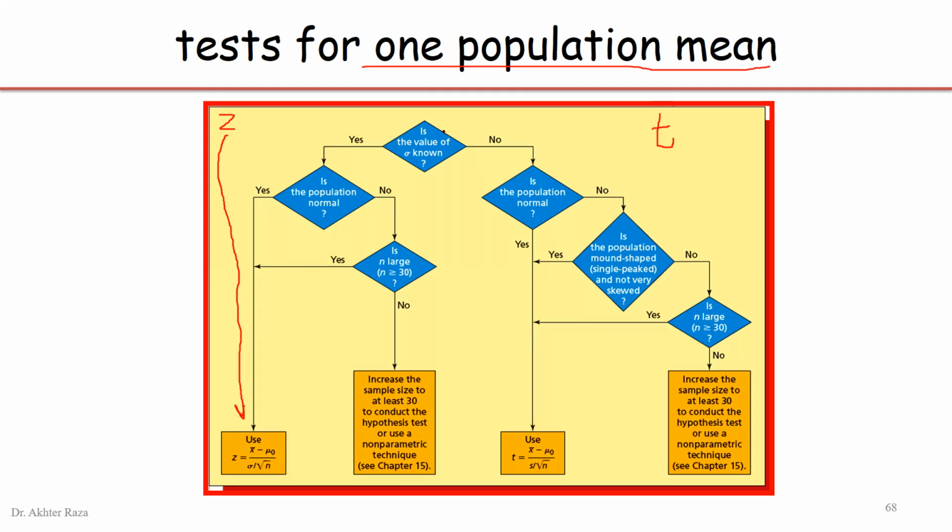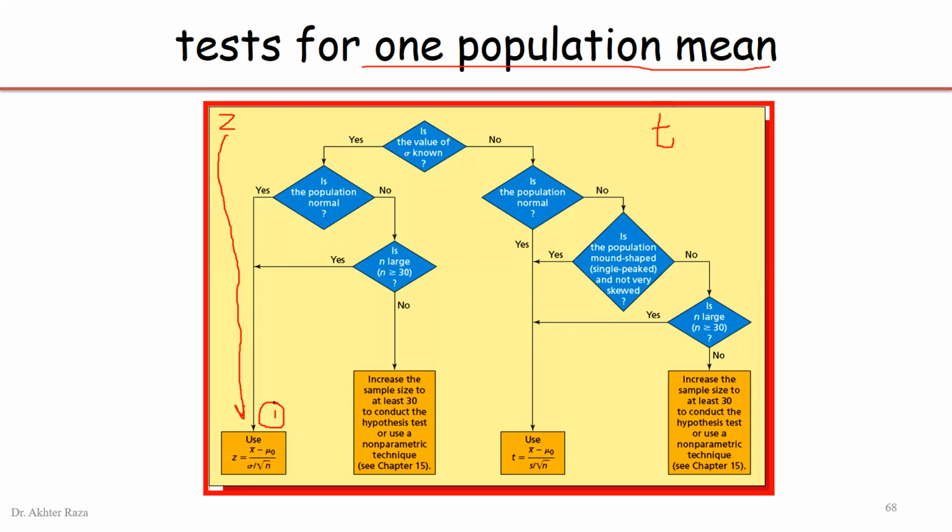If sigma is unknown and the population is normal, is the population normal? Yes, the t-test. If the population is not normal, you still have to check the sample size. If the sample size is large, then we use this procedure 1.